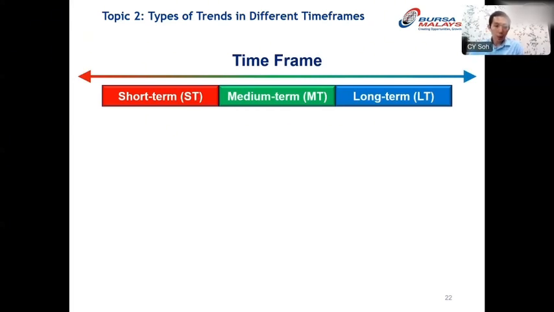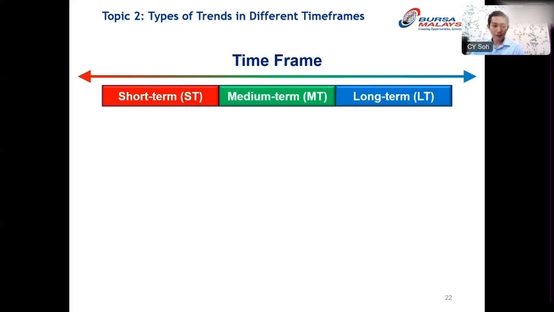So which of these time frames are you currently using in your trading? If you're using short-term trading, you can type in ST. If you're using a medium-term time frame, you can type in MT. Or if you're using a long-term time frame, you can type in LT in the chat box, so that I can see which time frame you would generally be trading.